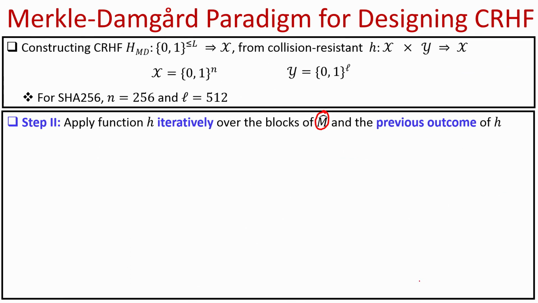the way we compute the hash of the encoded input is that we iteratively apply the fixed length collision resistant compression function that we have available. We do it iteratively in the sense that we apply an invocation of h over the current block of the encoded input and the previous outcome of the fixed length compression function.